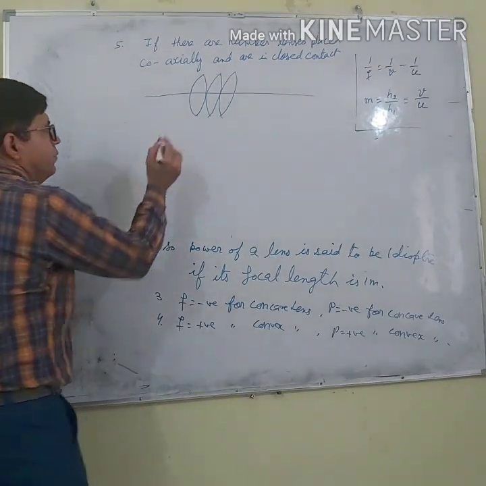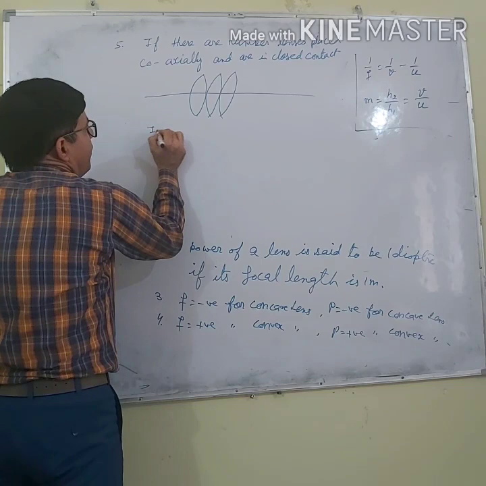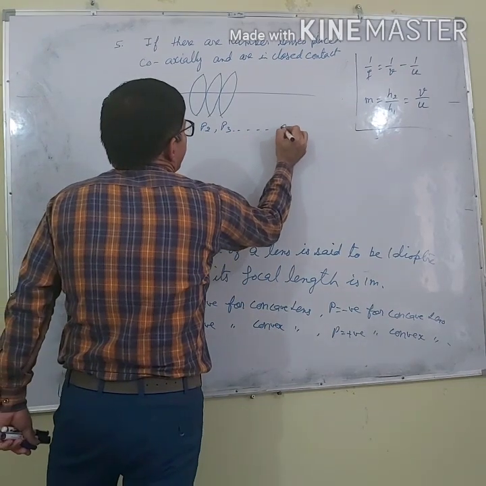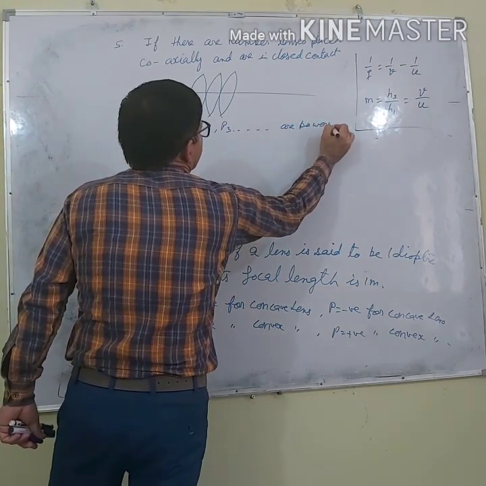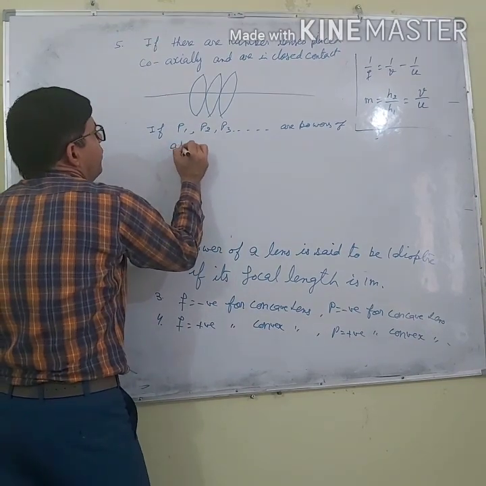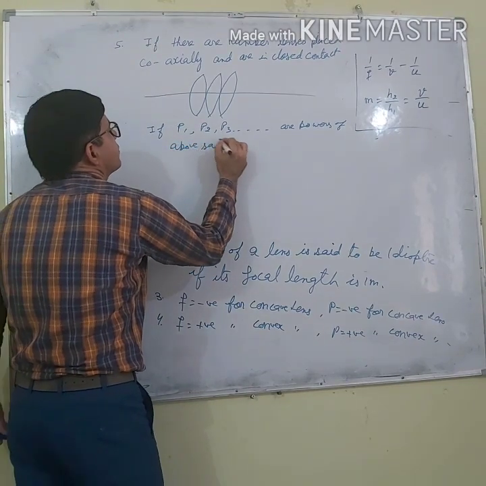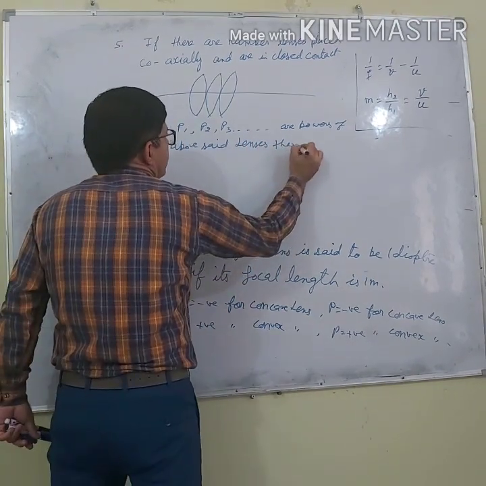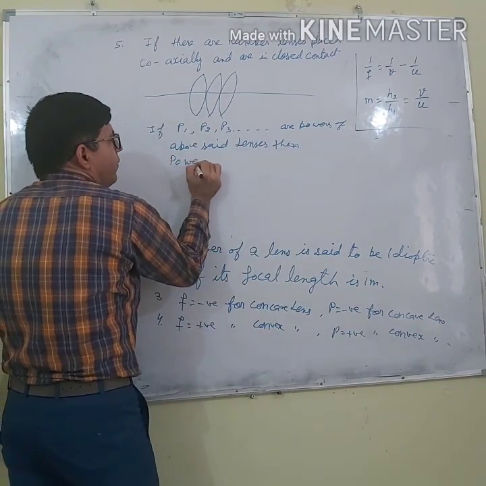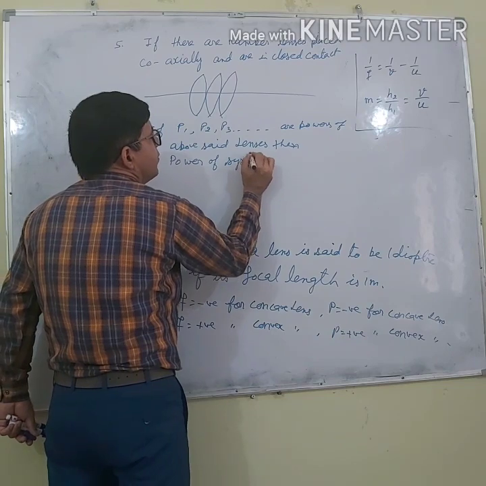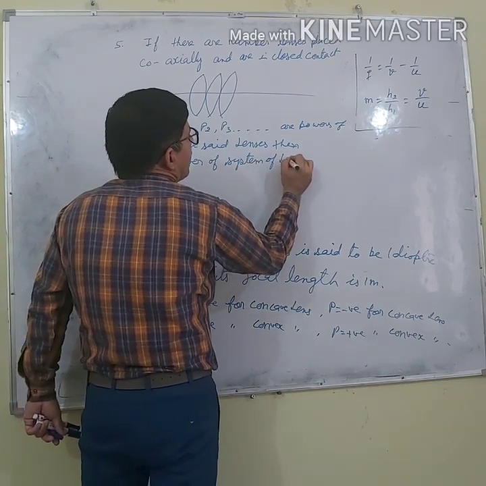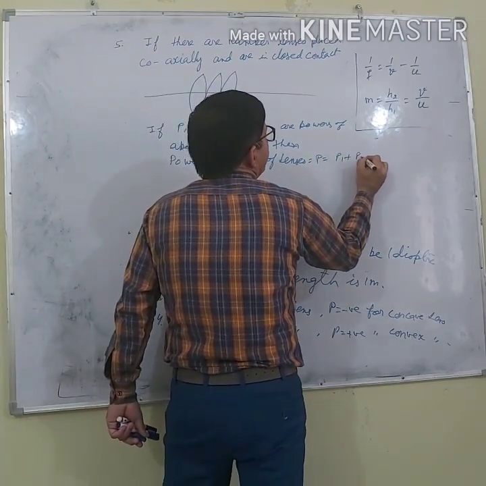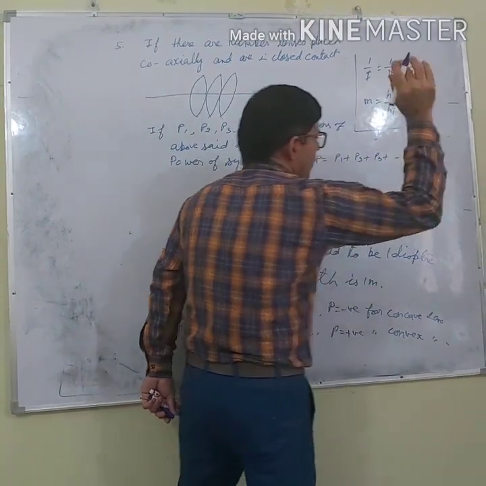So if P1, P2, P3 and so on are the powers of the above said lenses, then the power of the system of lenses is P equals P1 plus P2 plus P3 and so on.